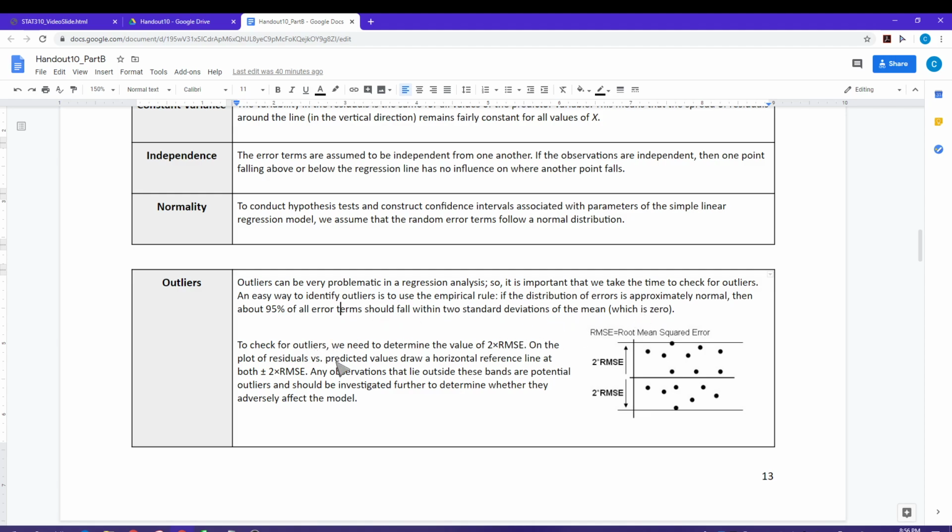So to check for an outlier, all I need to do is take 2 and multiply it by my standard deviation, or 2 sigma values. As I said a moment ago, our estimate for sigma is just the root mean square error. So I would take my root mean square error from my model, multiply it by 2, and if I have any values beyond that, then these would be considered outliers. We'll show you this for the lion data down below.